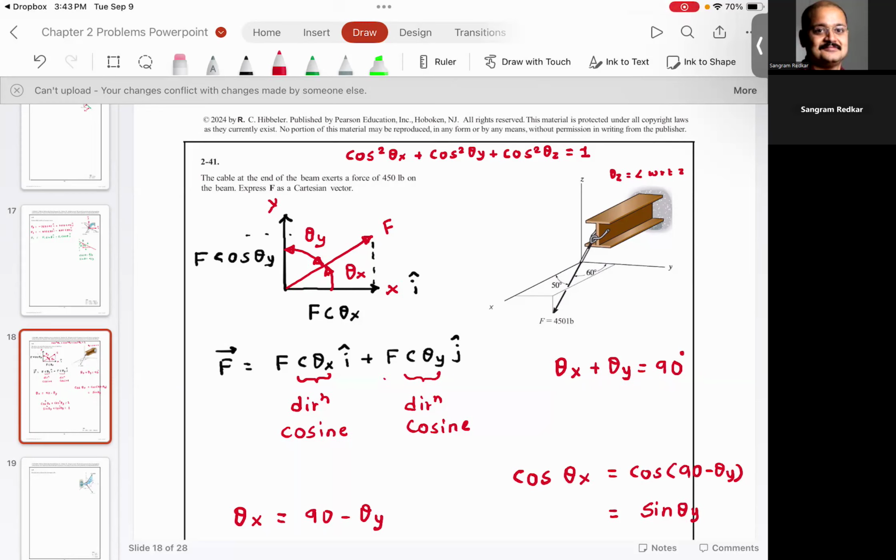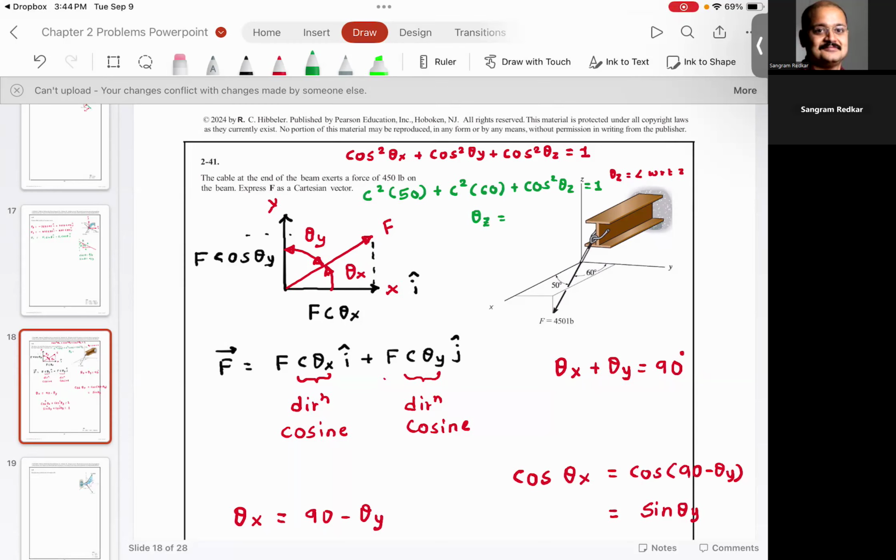Now please note, theta x is given to me. So I can say cosine square 50, cosine y is given to me, cosine square 60, plus cosine square theta z is equal to 1. Can you find out the value of theta z?